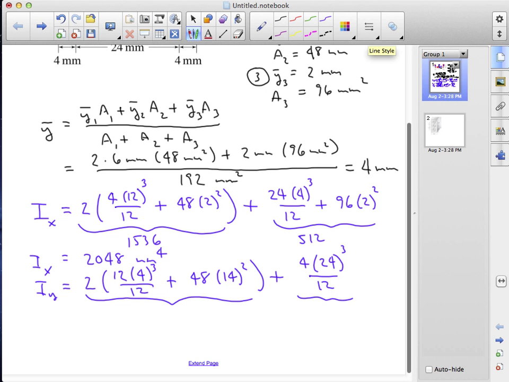And the relative contributions here are 18,944 and 4608. And the net result for Iy is 23,552 millimeters to the fourth.